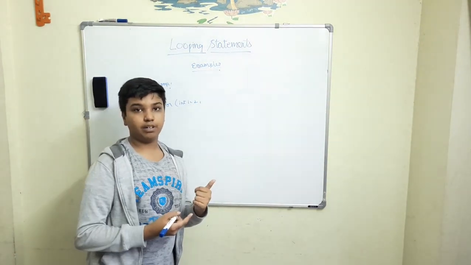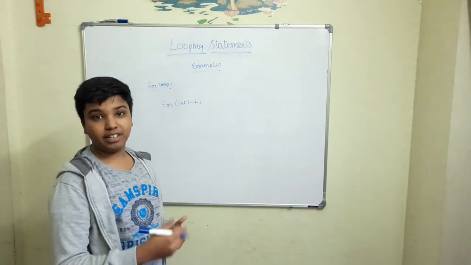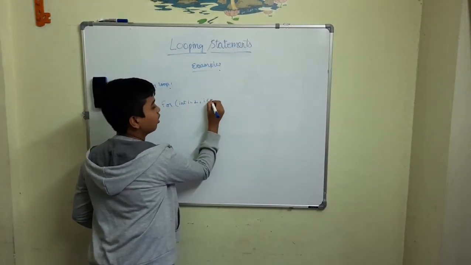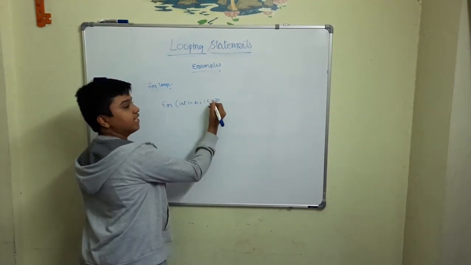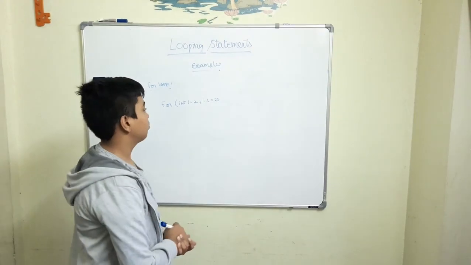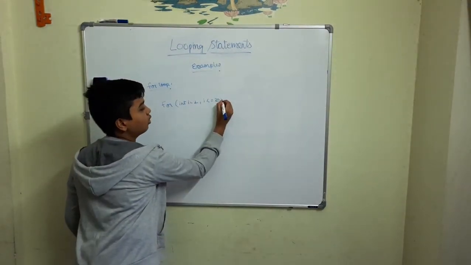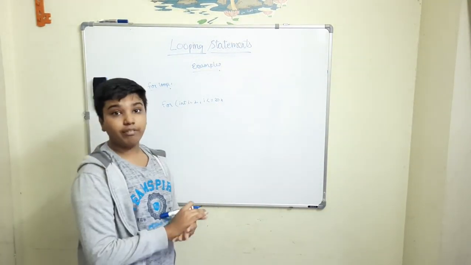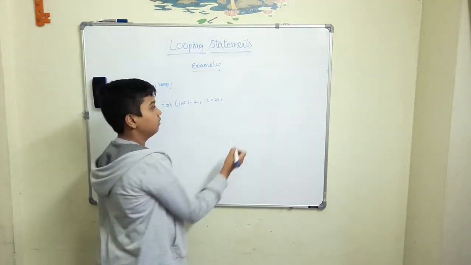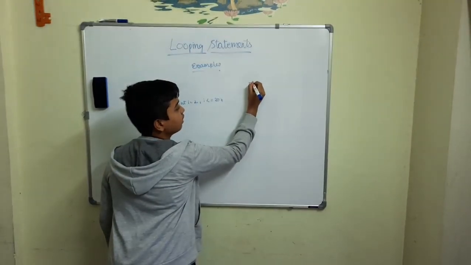Now the condition part. Up till where did they ask us? Up till 20. So i is less than or equals to 20, because 20 also comes under multiples of 2. And next, the counting. Instead of i plus plus, there is another operator, that is plus equals.